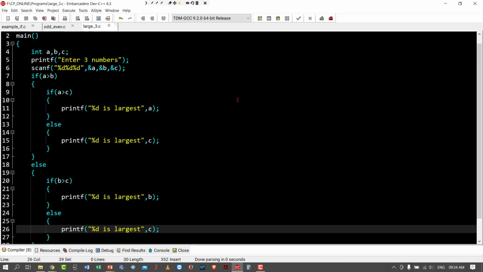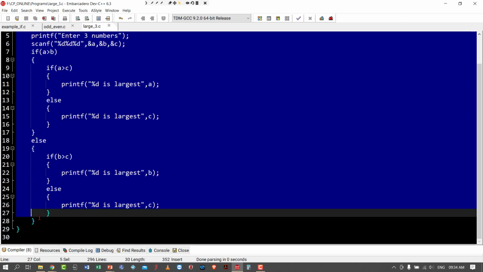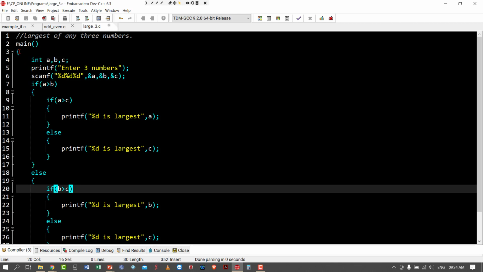One more thing. Now we're looking into the program itself. This much statements are inside main. So it is very easily understandable because after braces I have put some space. It is a very good programming practice to add some space from the margin, and after some time there's an if statement.